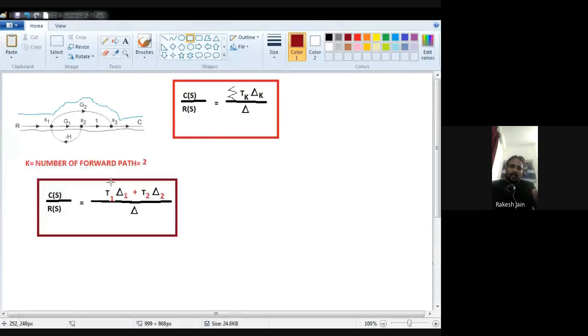The next step is to find out the forward path gains T1 and T2.